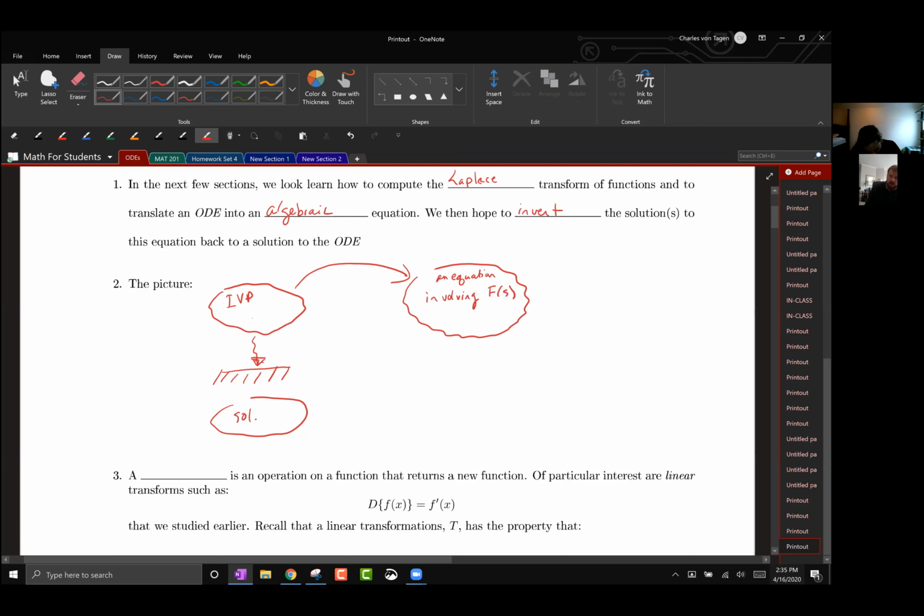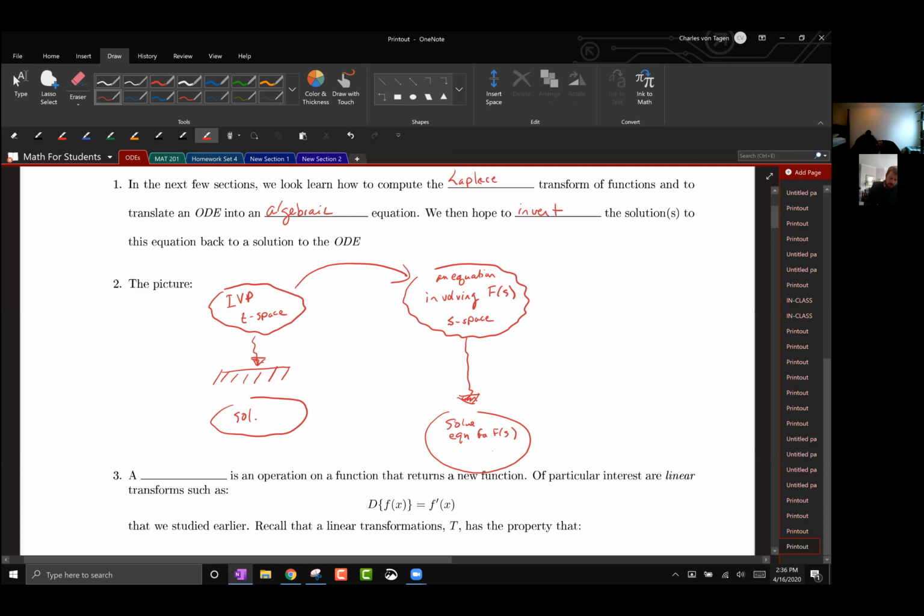I'm going to refer to this here as T space. And so whenever I'm dealing with the IVP originally, I'm going to use the variable T, and we're going to translate it into S space. So whenever I'm dealing with the transform of it, we'll be in S space. And so then what we're going to be able to do is, in a lot of cases, solve the equation for F of s.